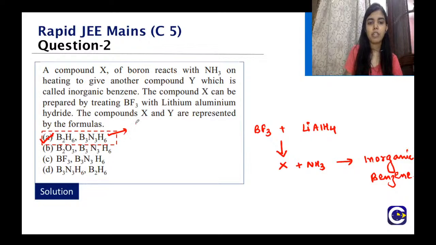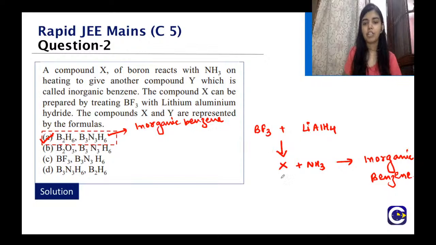This is known as inorganic benzene, which is formed by reaction of B2H6 with ammonia. So BF3 plus lithium aluminium hydride will give you diborane, that is B2H6, and diborane on reaction with ammonia will give you inorganic benzene, that is B3N3H6.